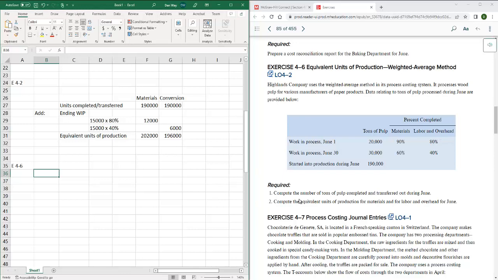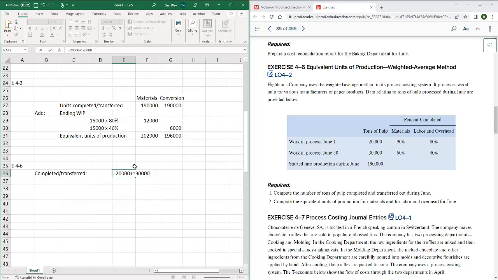So the first requirement said, come up with the number of tons of pulp that were completed and transferred. So we're doing a little bit of inventory flow to figure out what happened there. Well, we started with 20,000 tons of pulp in beginning work in process. We started into production 190,000. So 20,000 plus the 190,000 would represent the total tons that we were working on at any point during the period.